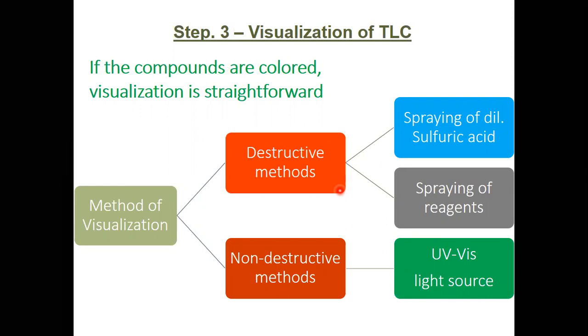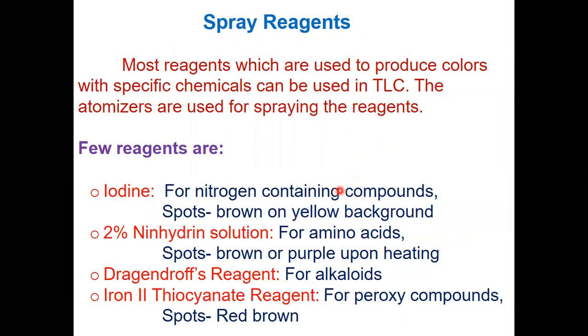In the destructive method, spraying reagents are generally used, such as spraying of dilute sulfuric acid. When we spray with dilute sulfuric acid, the compounds corresponding to the spots are oxidized. Different spraying reagents are available.